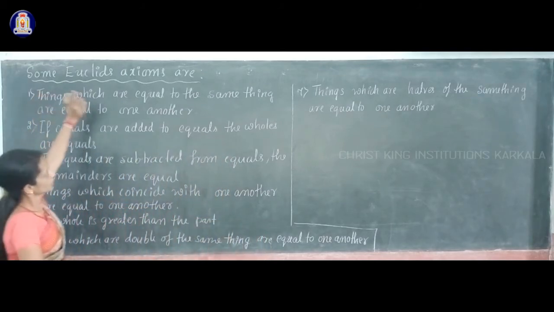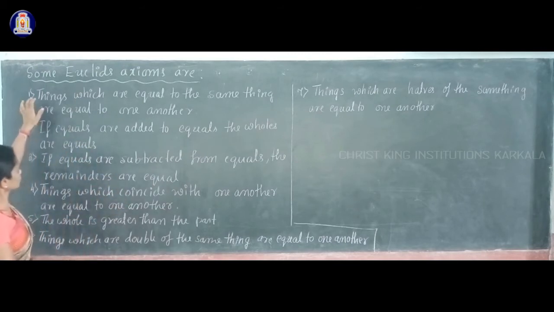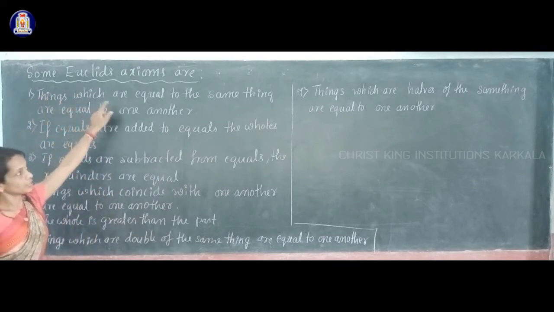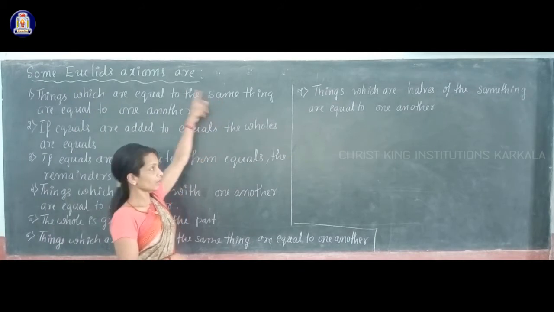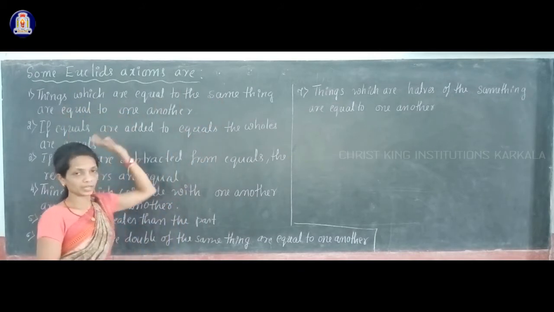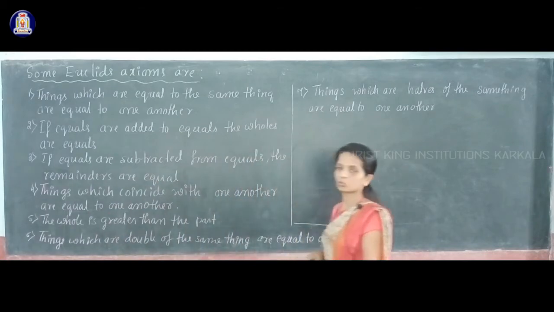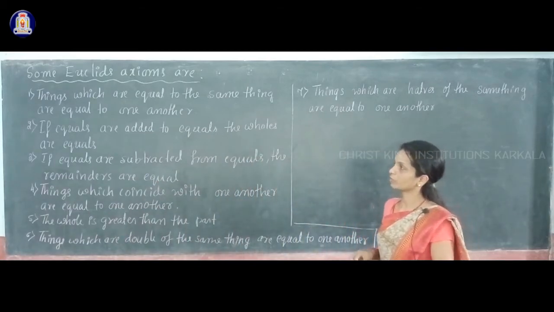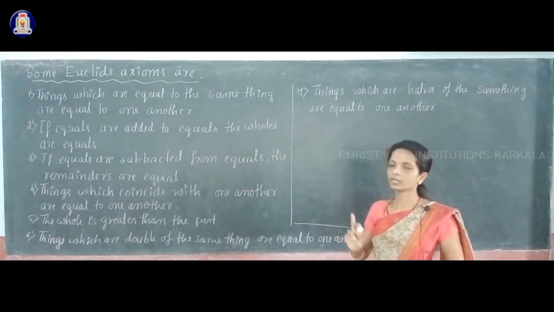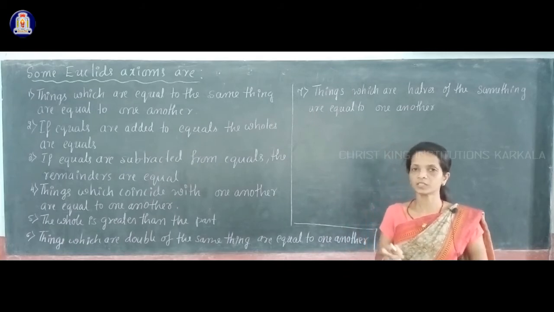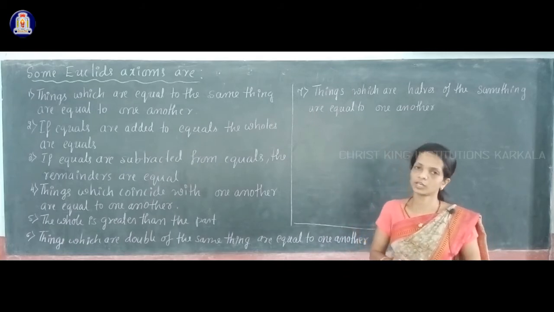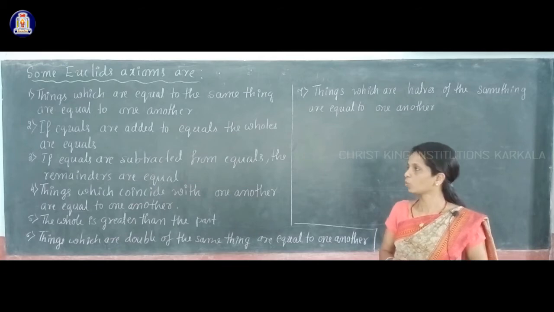Next you have some axioms of Euclid's geometry. Some of Euclid's axioms: the first one, things which are equal to the same thing are equal to one another. I will explain this first axiom through one example. We take things which are equal to the same thing, and you can see that the two things we take are equal to one another.